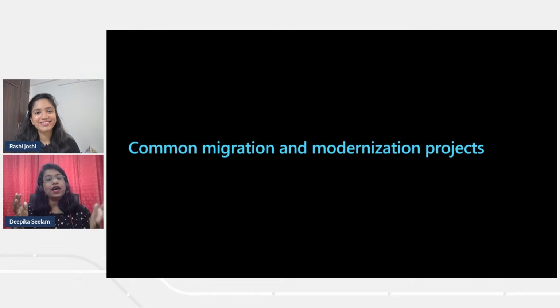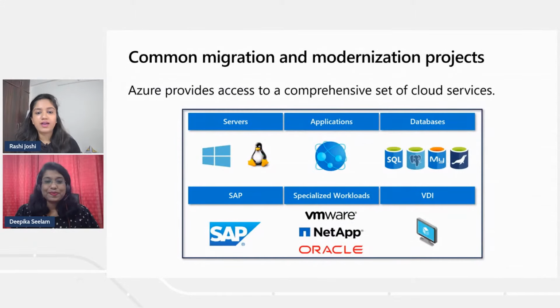Yes. Now that we have an understanding of the phases of cloud migration and modernization, Rashi, why don't we do a walkthrough of some of the common migration projects we've been seeing of late? Yeah, of course. The most common scenario we've seen customers execute is migrating their Windows and Linux servers to Azure.